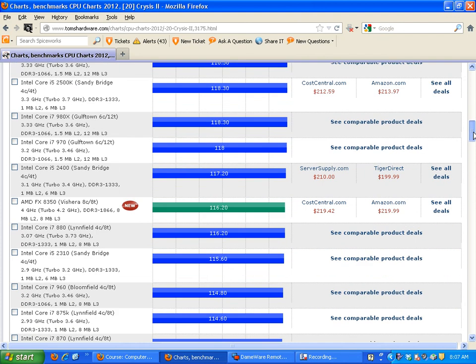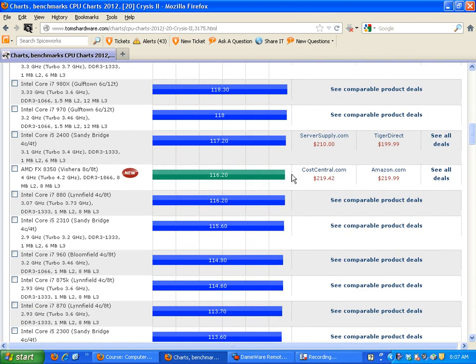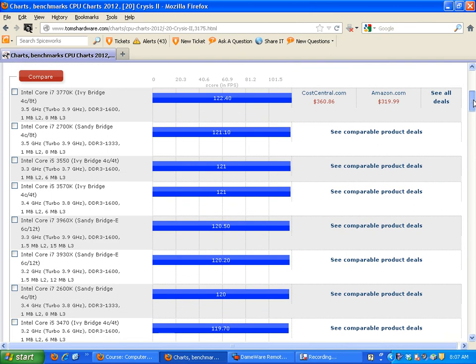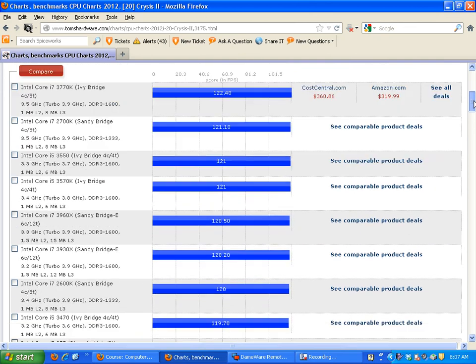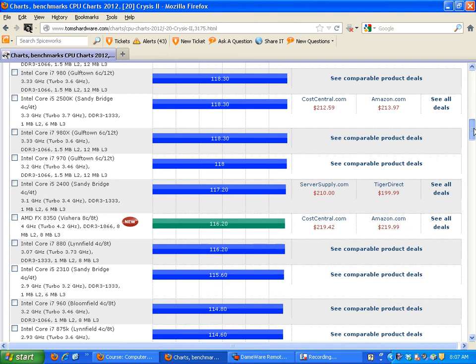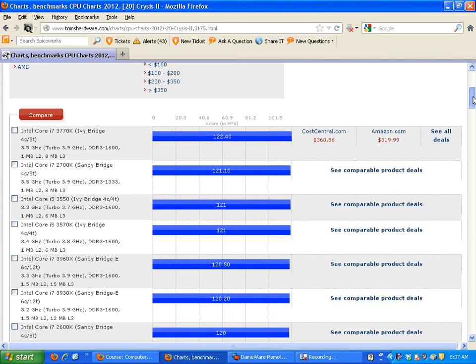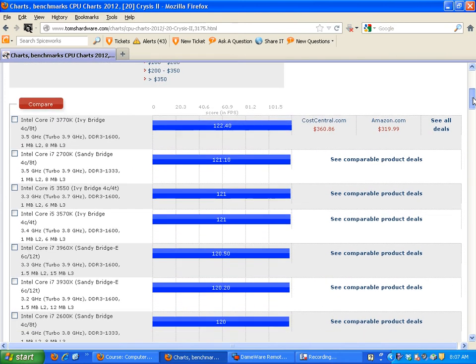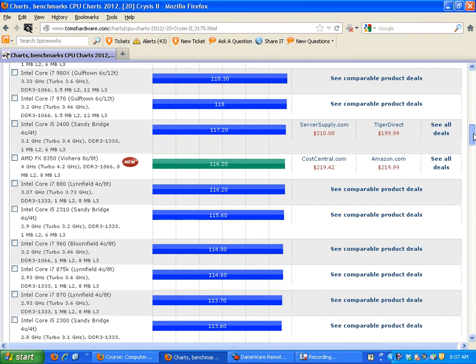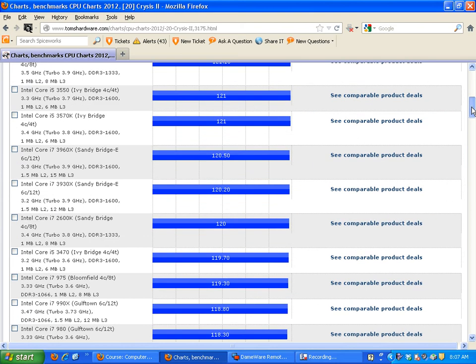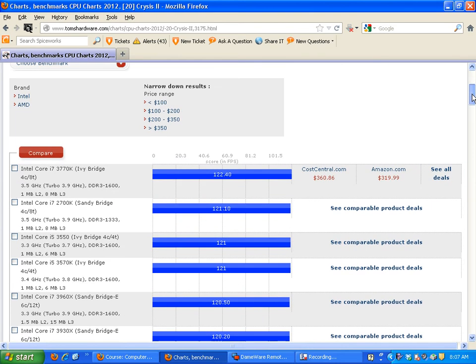Realizing, look where the first one is. That's the first AMD. And I said this in the video the other day. The Intels are currently faster. They're not crazy faster. That's not way faster. I mean, you could barely tell the difference between the fastest Intel Core i7 and the fastest AMD one, okay? And the price is a third less, or a little more than that.